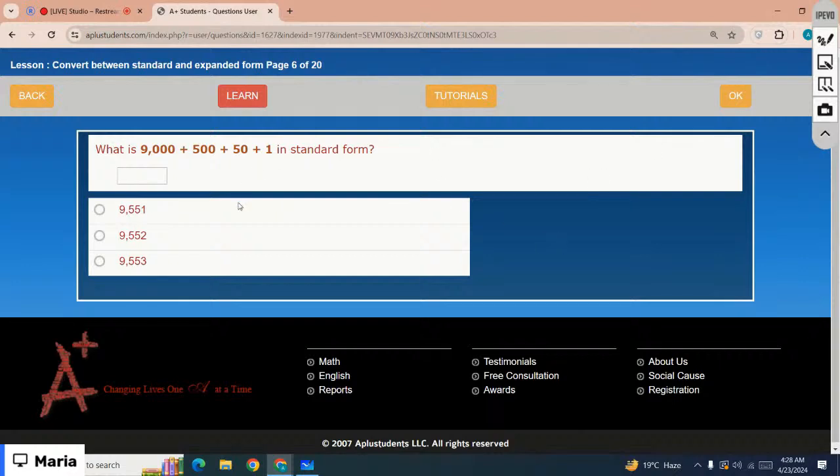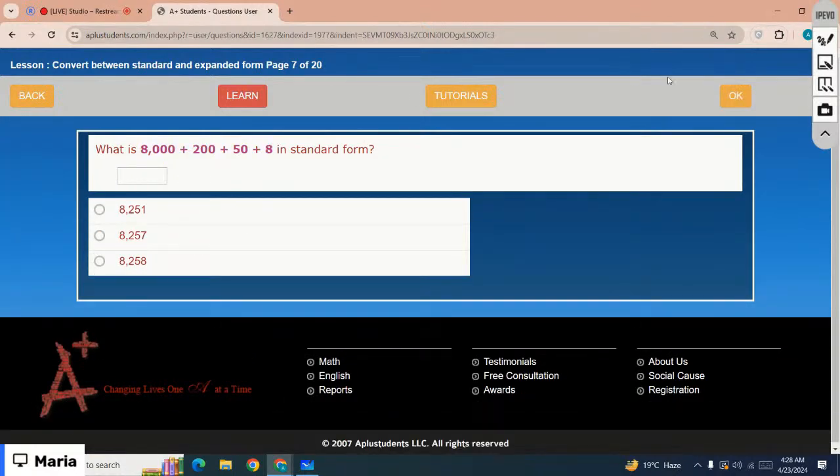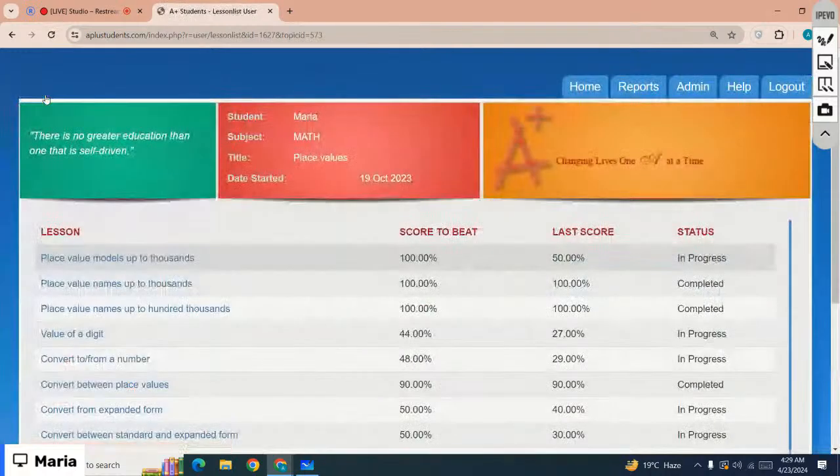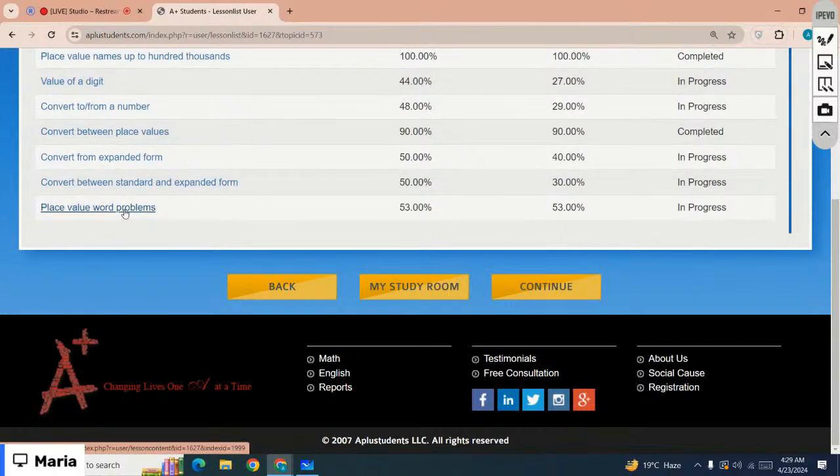That is option number 1. Okay, you can complete the lesson by yourself later today. Let me just move on to the next lesson. That is the last lesson from the chapter, and that is place value word problems. So let's just start with the lesson.